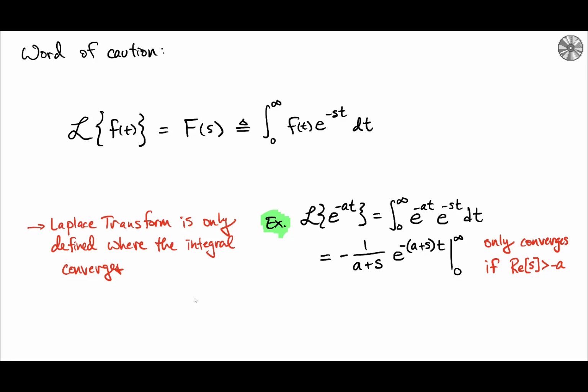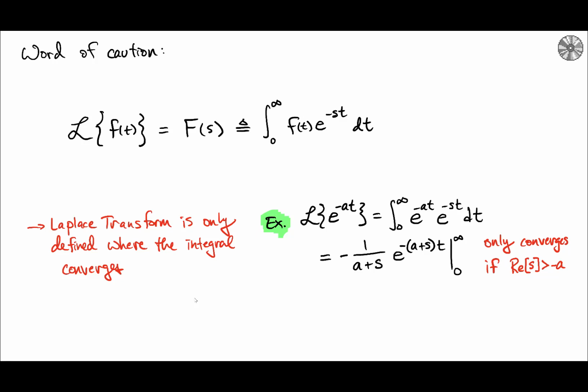But if minus a plus s is actually greater than 0, then as t goes off to infinity, that exponent is also going to go off to infinity. So that exponent parameter needs to be negative, otherwise it won't converge.